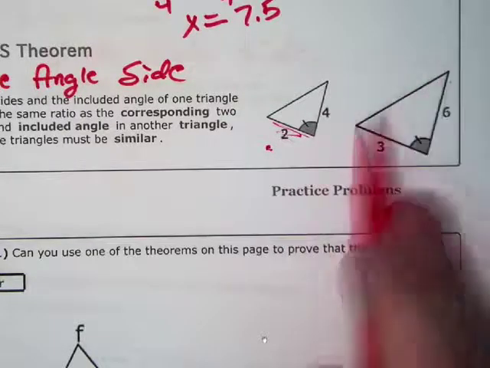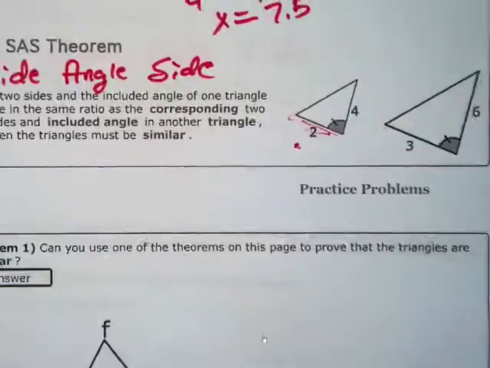We don't need that third side. Okay, that third side can then go away. Well, it doesn't go away, then it wouldn't be a triangle. But you kind of get what I'm going at here.